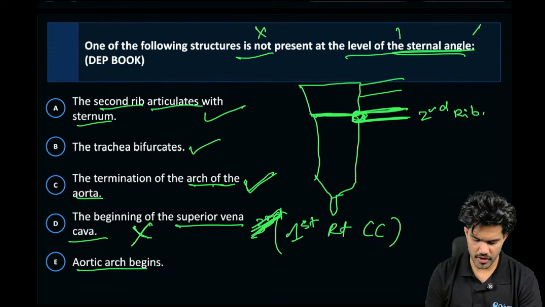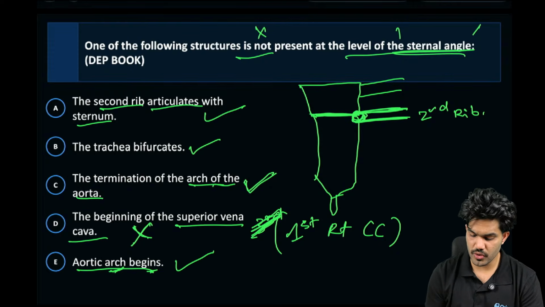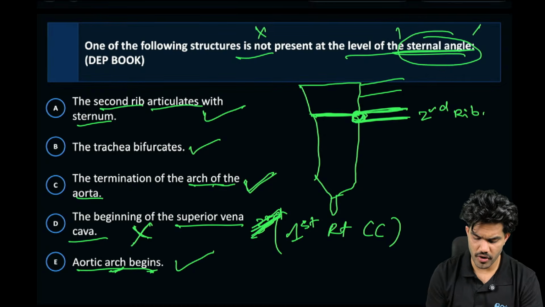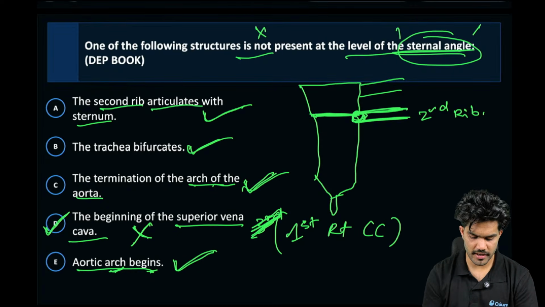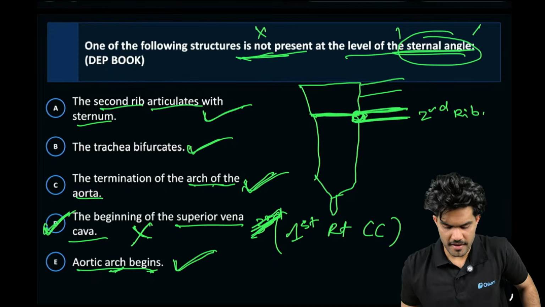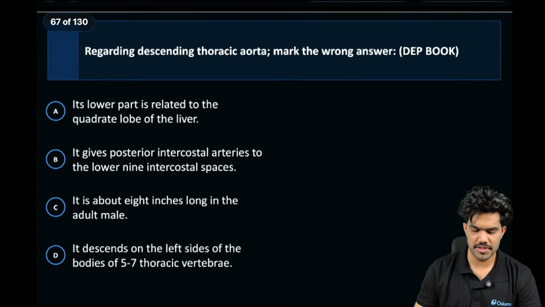Okay, aortic arch begins, yes, this is also true. So sternal angle, see, memorize all these criteria where sternal angle position is there. Okay, so the correct answer which is not present at the sternal angle will be beginning of superior vena cava. By exclusion also you can choose these options.